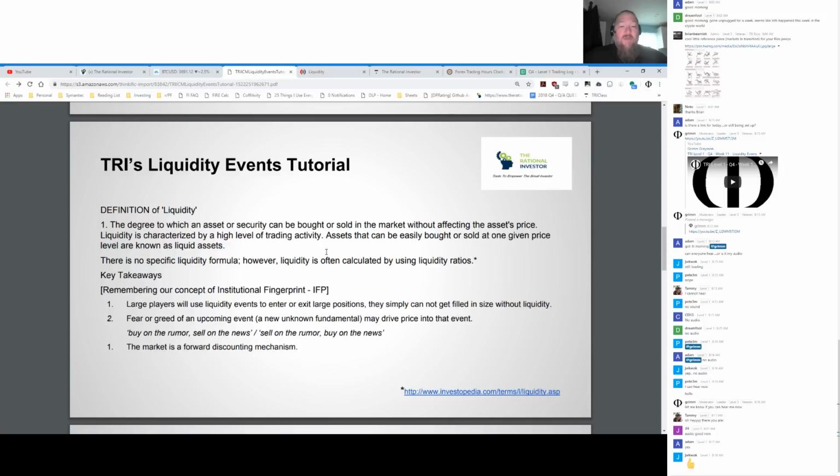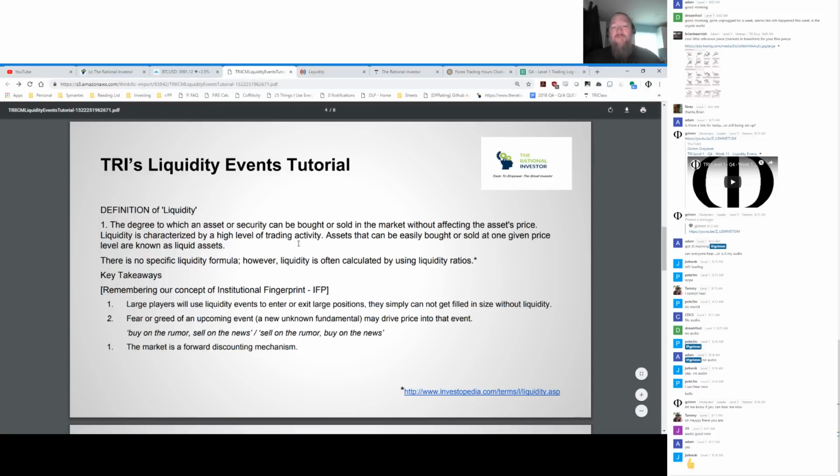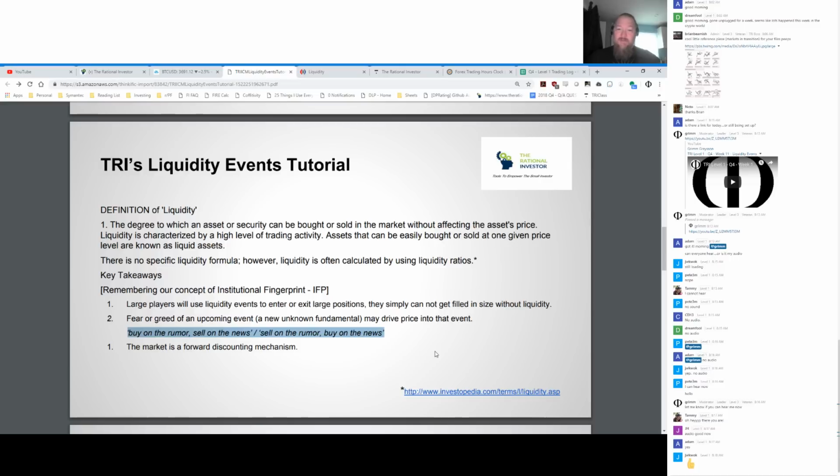Some of the things that drive that are fear or greed of an upcoming event, a new unknown fundamental that can drive price into that event. This is where we get into the idea that institutions will often drive the buy the rumor, sell the news, or sell the rumor, buy the news concept.